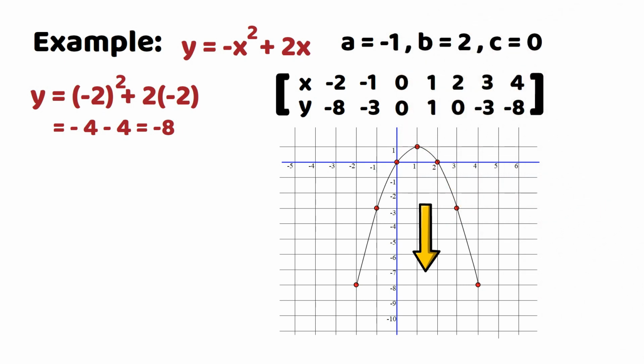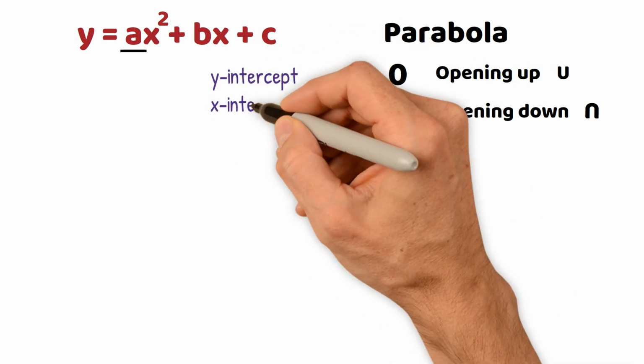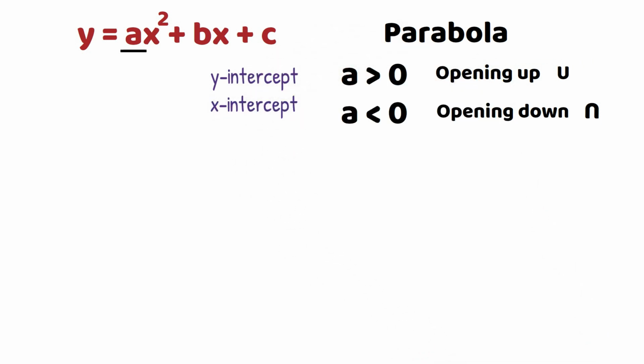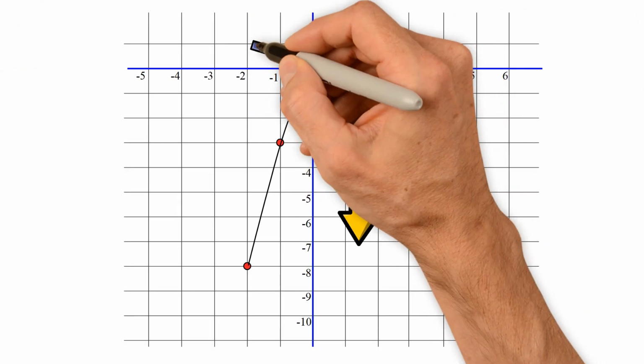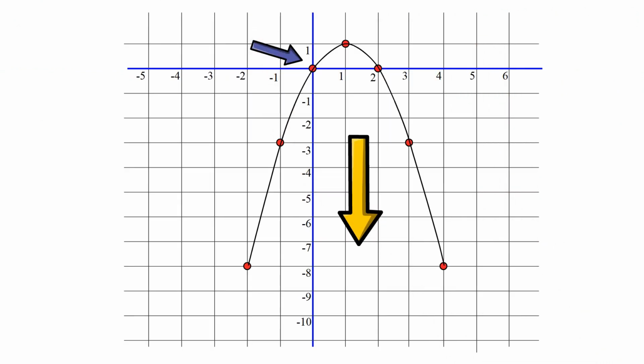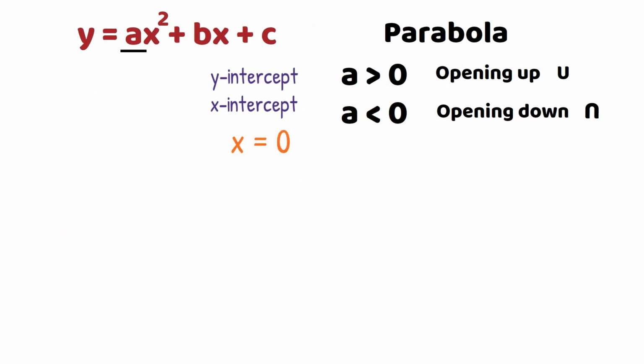Whenever we have a quadratic equation of y equals ax squared plus bx plus c, we may ask for the y-intercept and the x-intercept. The y-intercept is where the parabola intersects the y-axis. That's easy to find. The parabola crosses the y-axis at the point where the x-coordinate is 0, so when x is 0, we are crossing the y-axis.